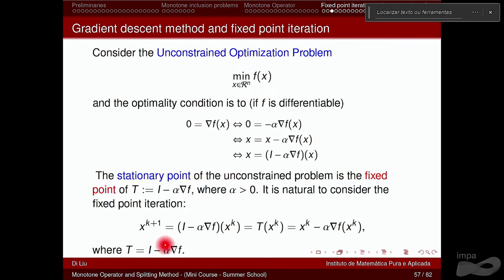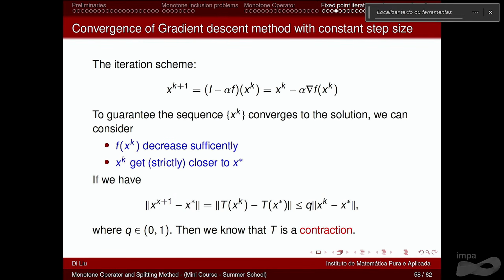So we consider the iteration like this: x_{k+1} equals (identity minus alpha times the gradient of f) at point x_k. We define it as the operator T. Of course, if you do not assume f is differentiable, and f is just a convex function, we can use the subgradient here.